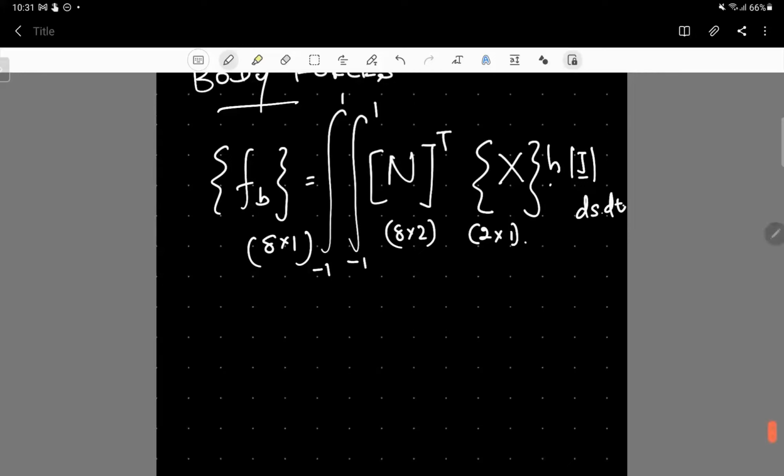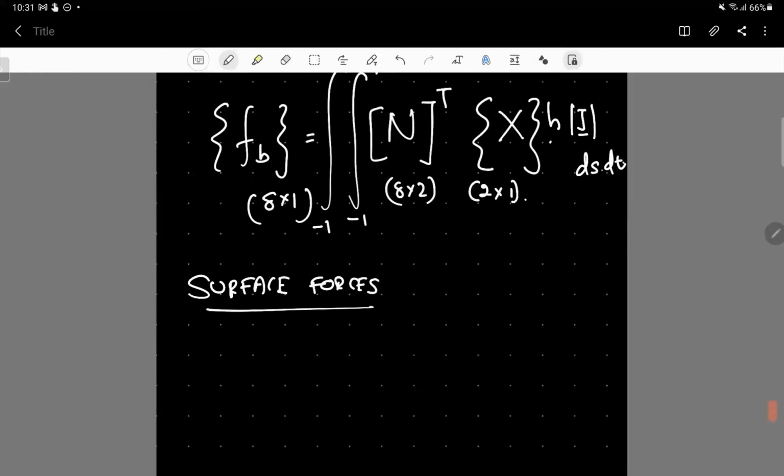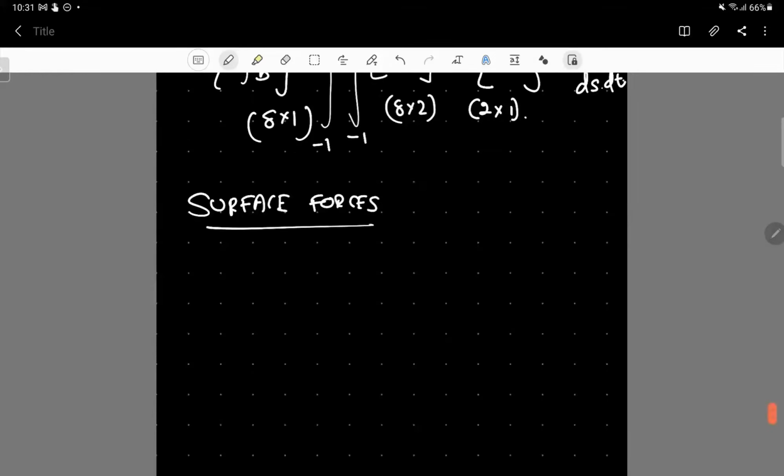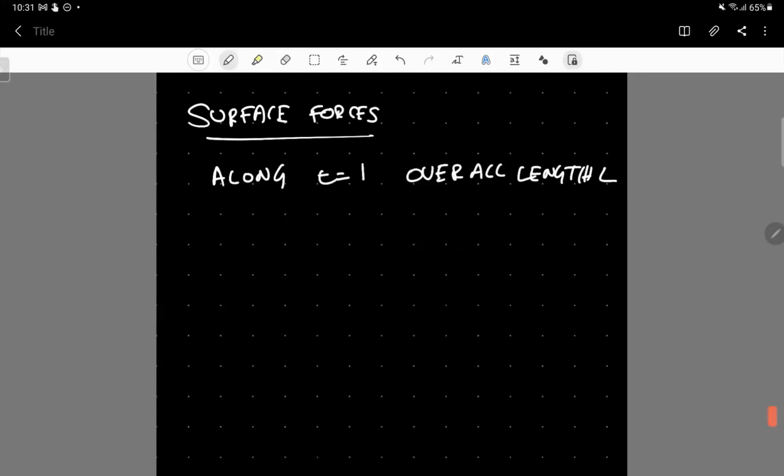What about the surface forces? The surface forces matrix, let's say along a particular edge, say along T equal to 1, where the overall length is L, we can evaluate by simple transformation.